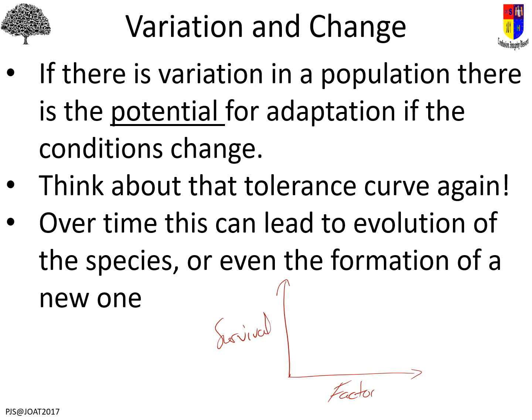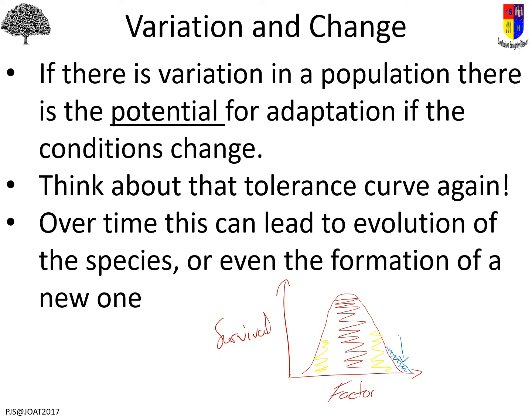If this is your curve of where they like to be, this section here is great, they're doing really well, but when you go away from that, they start to not do so well. If you have a mutation which makes this curve a little bit broader, then some of them could survive even up a wee bit here. If things change, these individuals suddenly become better competitors, so they're more likely to survive, and potentially they can adapt to the fact that this factor has changed.